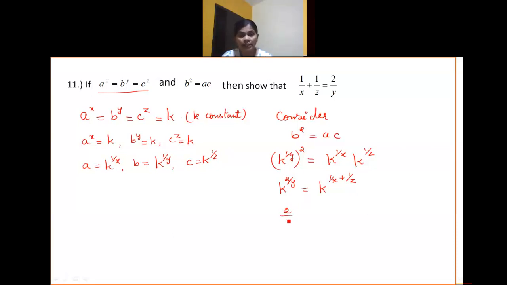So I can write 2 by y is equal to 1 by x plus 1 by z. Now if I concentrate on the given question, show that 1 by x plus 1 by z is equal to 2 by y, that is exactly what I got here. So this is the required answer. Let me look at the next sum.